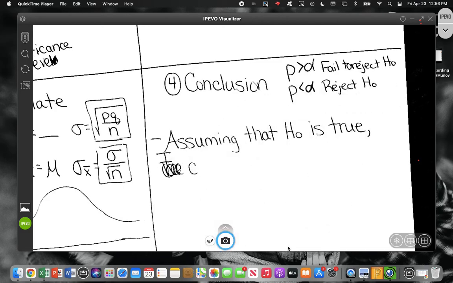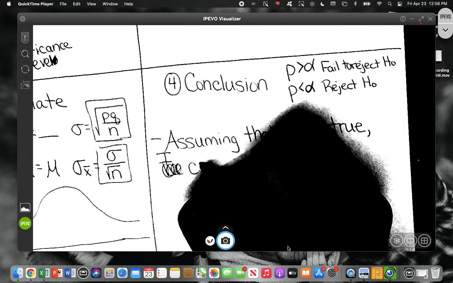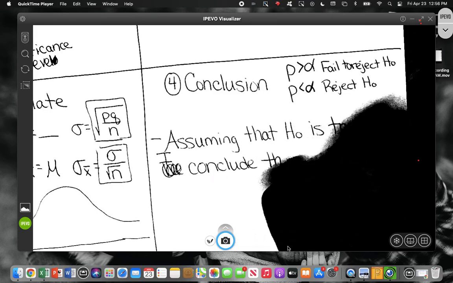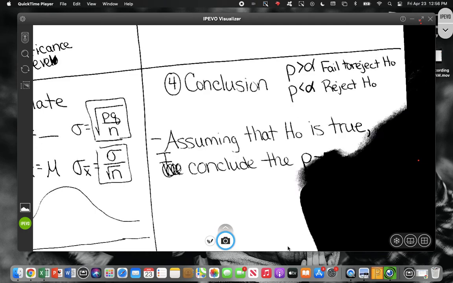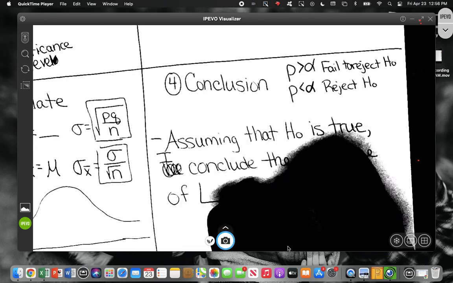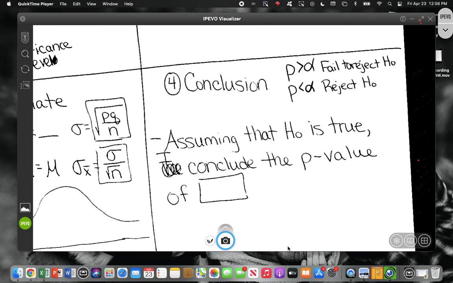I always say we because we're always doing this as a group, but I conclude the p-value of blank. So you'll actually plug in your p-value.